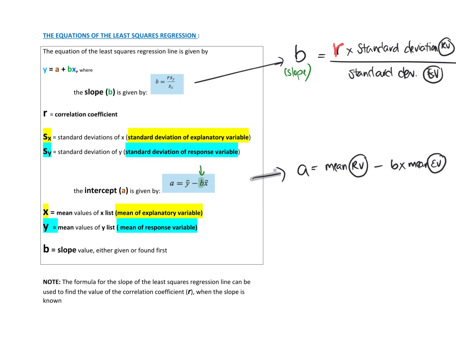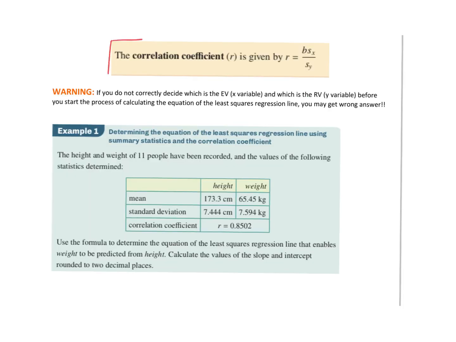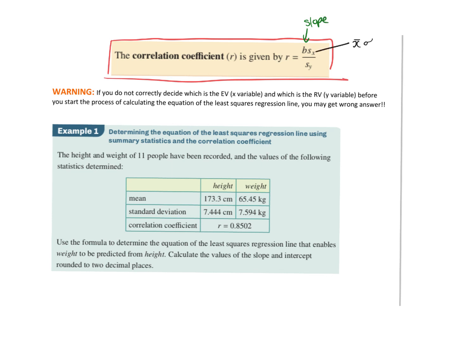If I go to the next page, here is a formula you can use to find R, where you use the B, the slope. This is the standard deviation of the explanatory variable, and this is the standard deviation of the response variable. So you could use that to find R as well.